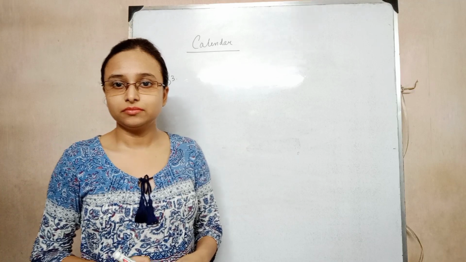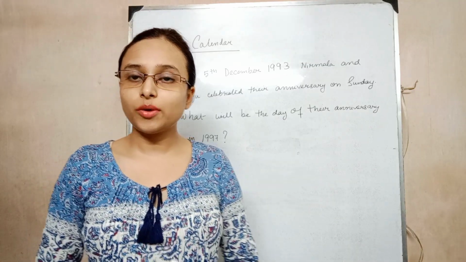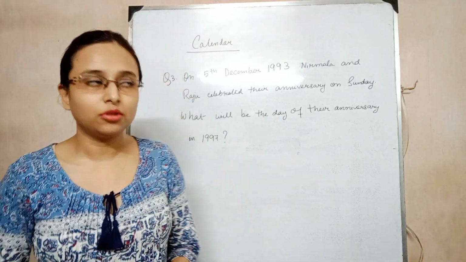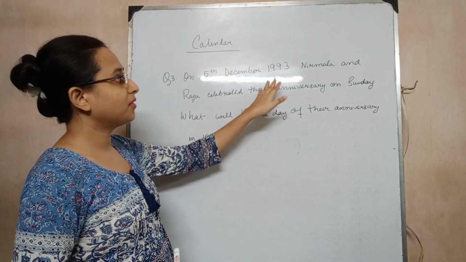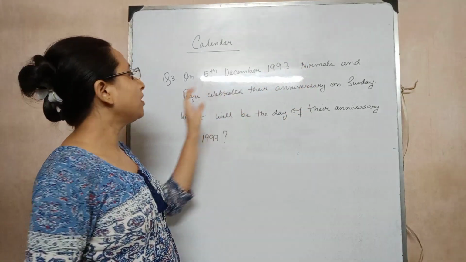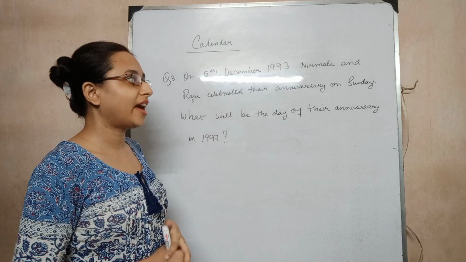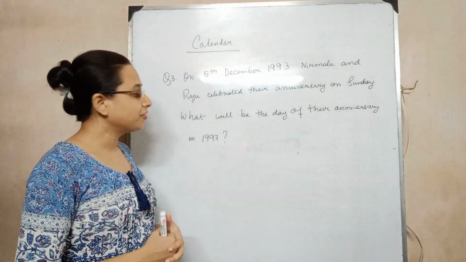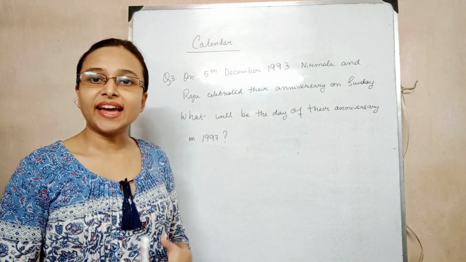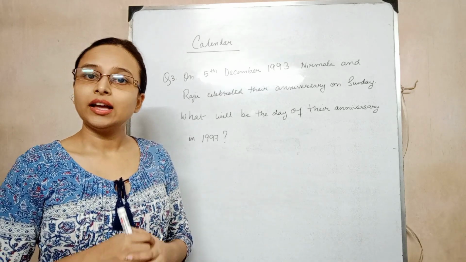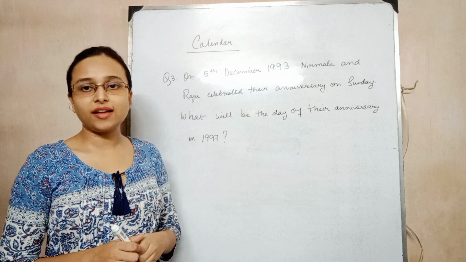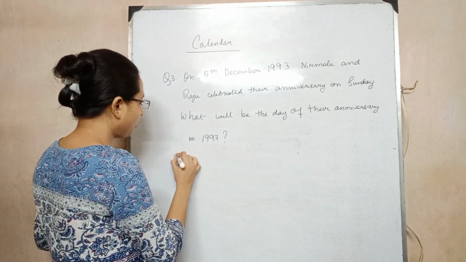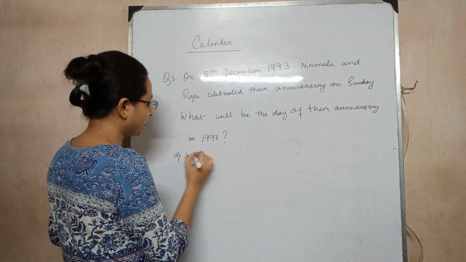Question number 3. See, the third question I have already written down for you all. On 5th December 1993, Nirmala and Raju celebrated their anniversary on Sunday. What will be the day of their anniversary in the year 1997? Now you have options here. The question has given you options. First option is Wednesday.